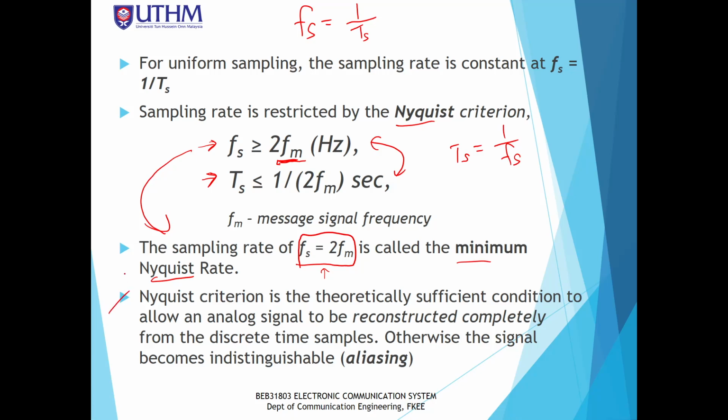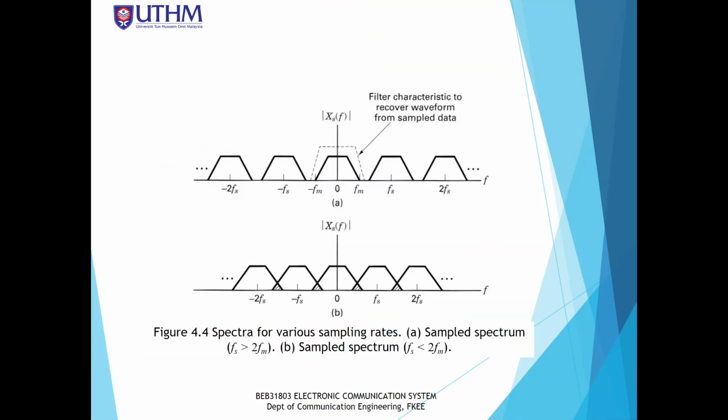If the sampling rate is less than 2 FM, there is going to be overlapping of adjacent signal channels in the frequency domain, which is what we call aliasing. So aliasing is the overlapping of symbols in the frequency domain, which looks like this. If we sample more than 2 FM, the channel symbols are separated at a suitable distance.